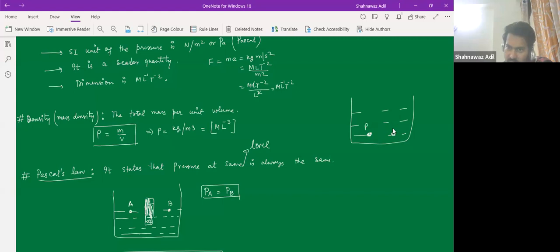So PA would be equal to PC again. And if I calculate the pressure at this point C, PA would not be equal to PC because they are at different heights. Whenever they are at the same level, then these are equal. Whenever you have noted it down and want me to scroll down, just tell me.